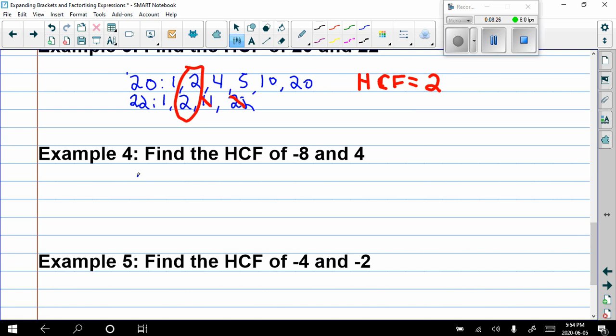So what are all our factors of 8 though? We have 1, 2, 4, and 8. And for 4, we have 1, 2, and 4. And so pretty quickly, you can see that our highest common factor is 4 here.